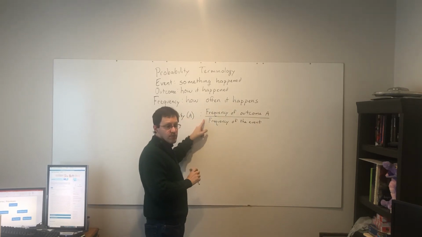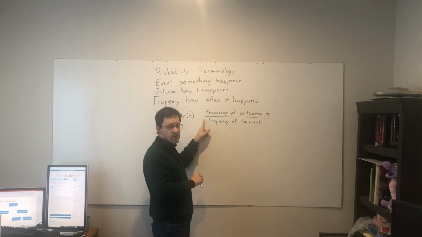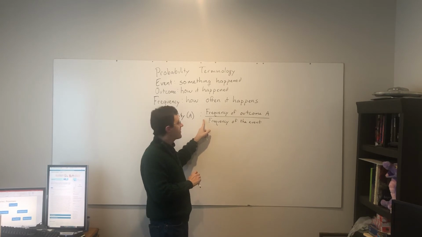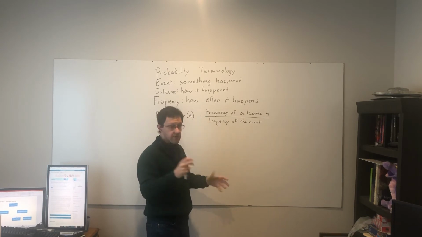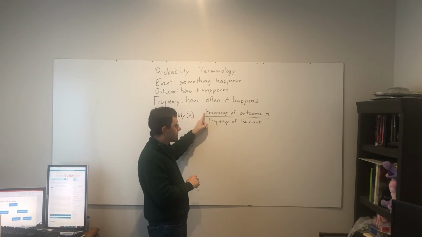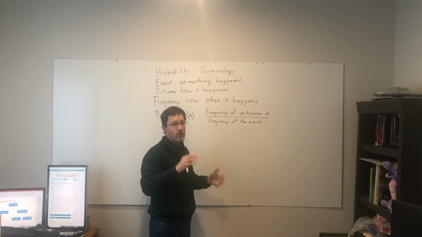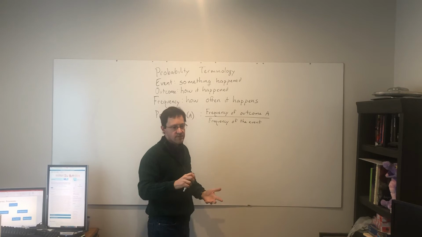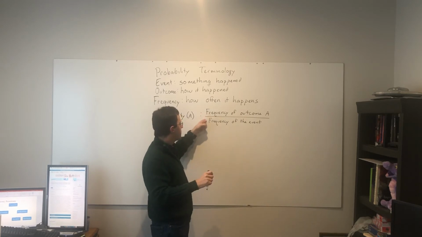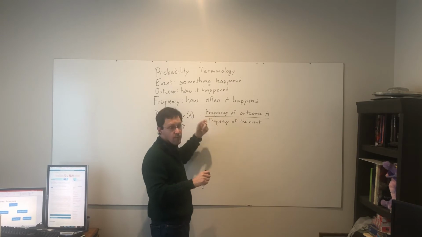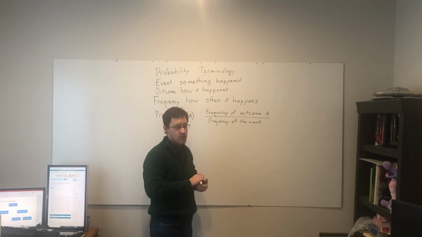In what is called the frequentist approach to statistics, which is what we'll be using here, the frequency of outcome A divided by the frequency of the events that could have led to outcome A, taking those two items and dividing one by the other, is your probability, or in a sense, your relative frequency.